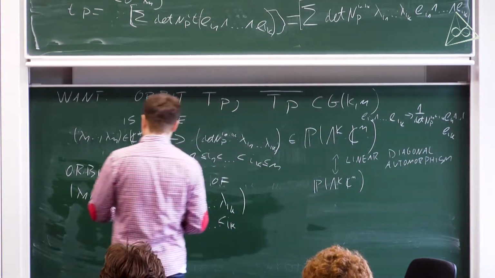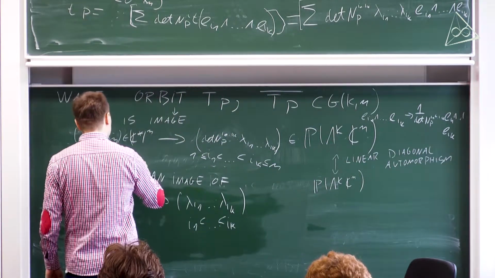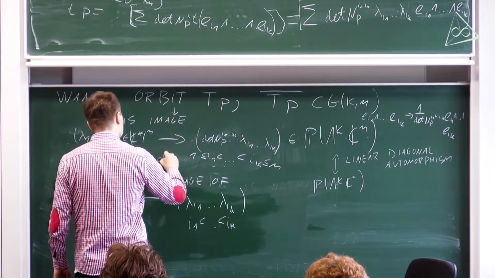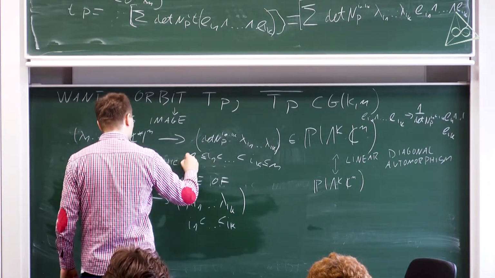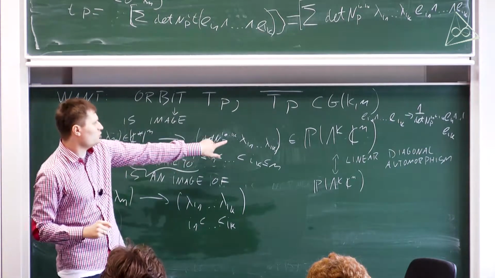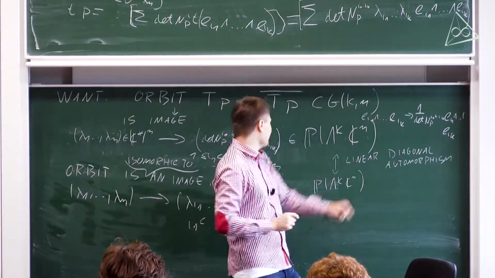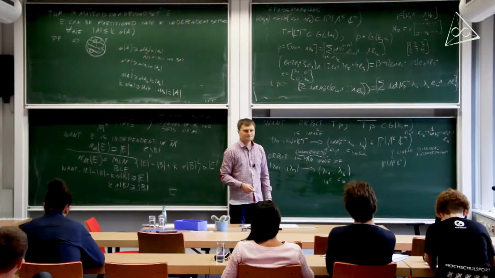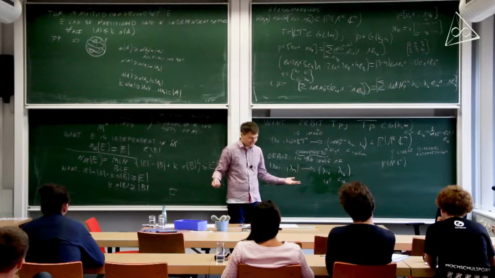Sorry, it's not an image, it's isomorphic to it. Yeah, it seems I just do an automorphism like that and I get this map. It seems correct. So let's do an example.